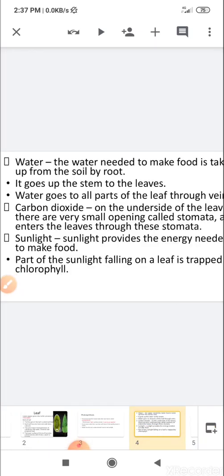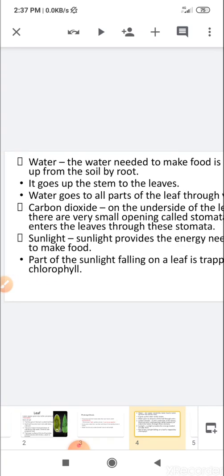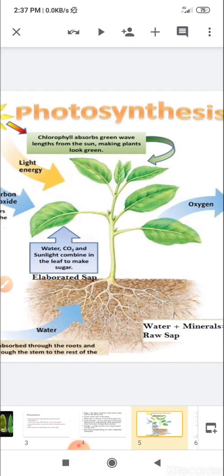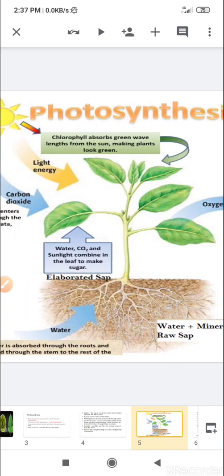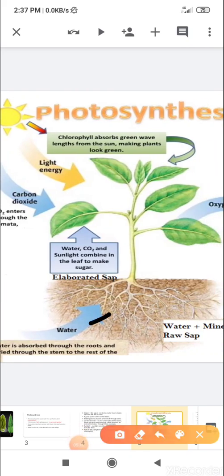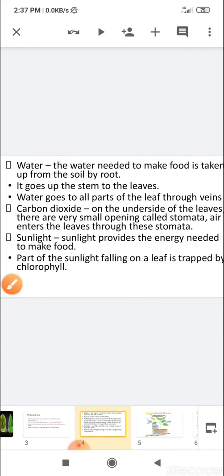Children, the water needed to make food is taken from the soil by the root. In this picture you can see water is absorbed by the roots, it goes up to the stem, to the leaves.